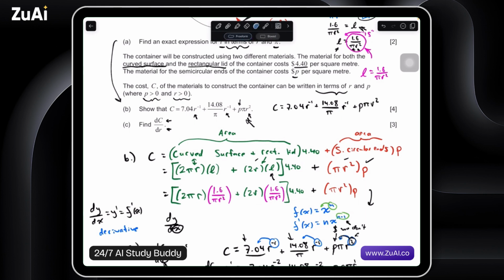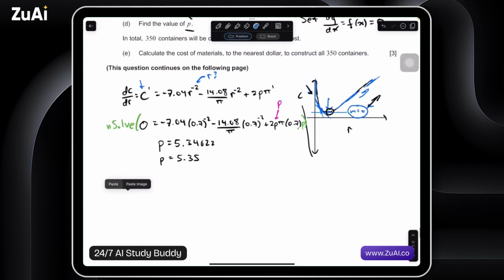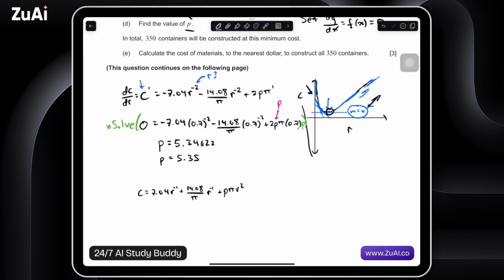So this is a function which relates cost to the radius, and then of course it also has this value of p, which we do know now. Okay, so here we go. This is for part E.